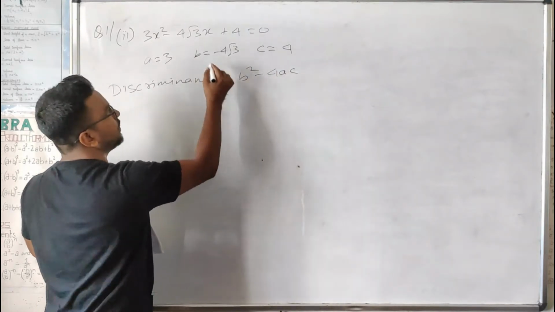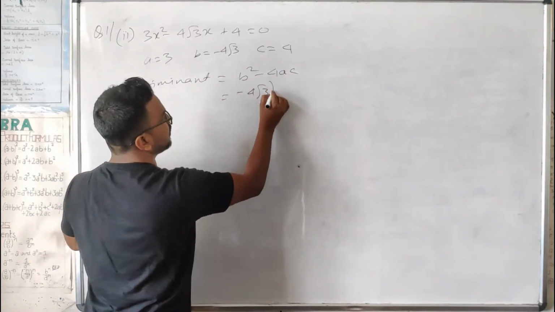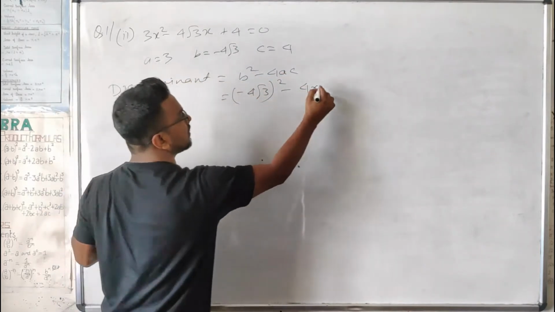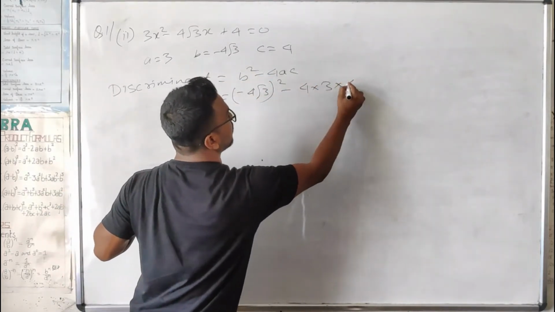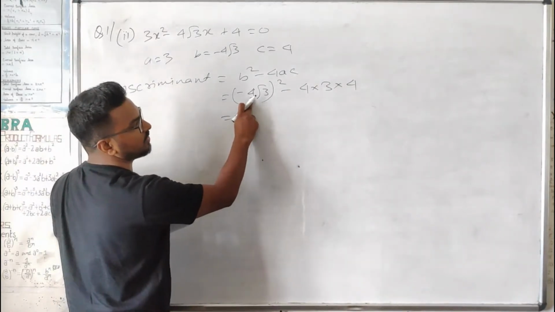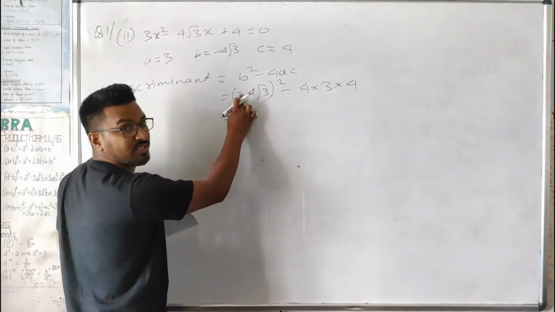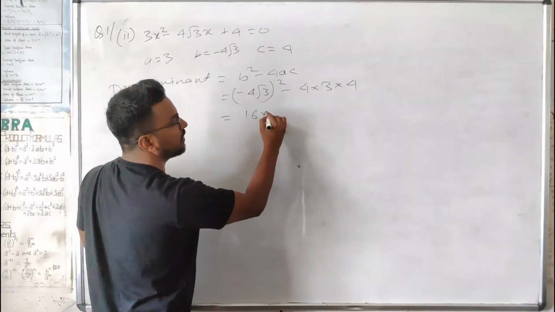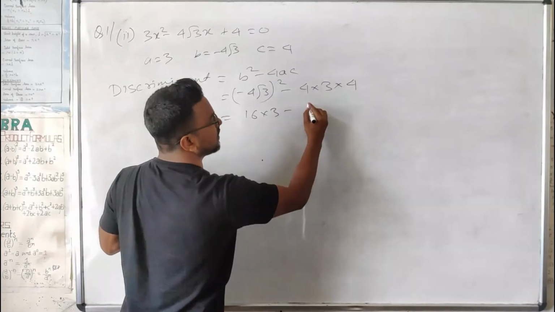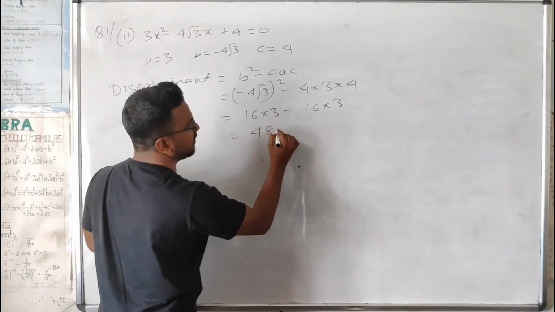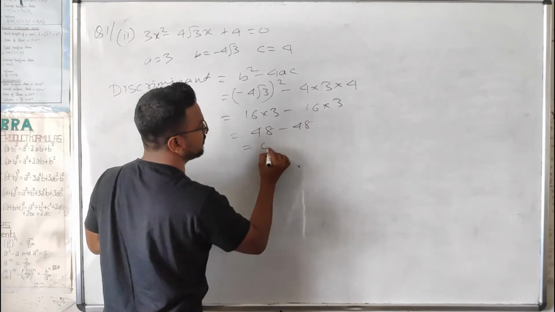So b is minus 4 root 3 whole square minus 4 into a, which is 3, and c is 4. If you multiply this, 4 4s are 16, minus minus becomes plus, 4 4s are 16, root 3 into root 3 becomes 3, minus 4 4s are 16 into 3. So this will be 48 minus 48 equals to 0.